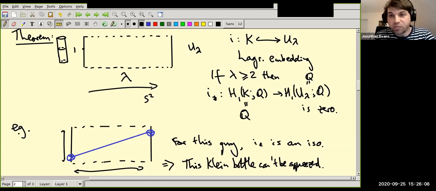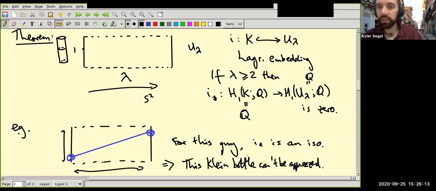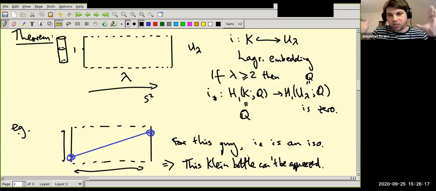That's not something I can rule out. Our favorite Klein bottle doesn't have that property, so we can't squeeze it. But you could imagine having another Klein bottle for which this map is 0. I see. I imagine that's actually not possible, but I can't prove it.